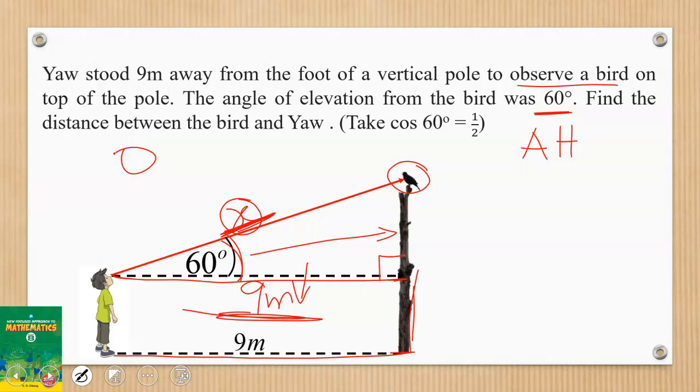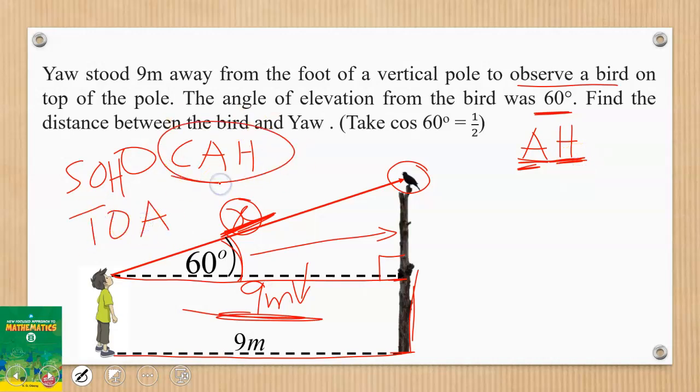Which of the SOHCAHTOA has adjacent and hypotenuse at the same time? You can see that it is CAH. So we can say cos 60 is equal to adjacent, which is 9, over hypotenuse, which is x.